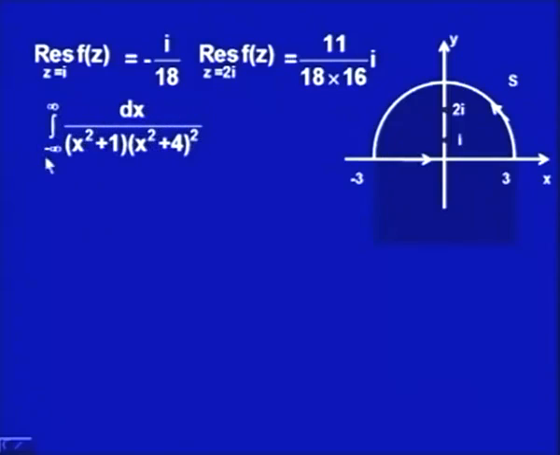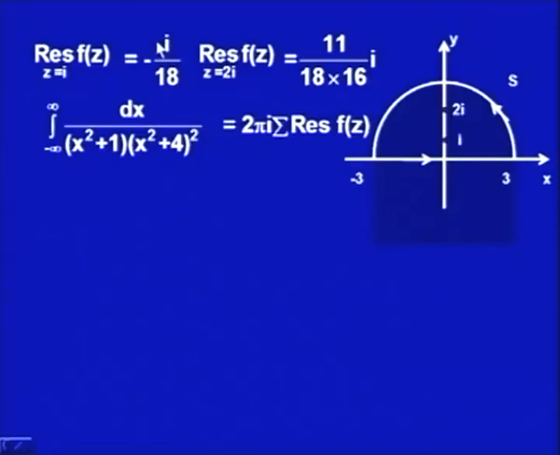So, now applying this result, the integral from minus infinity to plus infinity of 1 upon x square plus 1 into x square plus 4 whole square with respect to x could be given as 2 pi I times the summation of residues of fz, where the summation is over all the poles in the upper half plane, that is at these two ones.